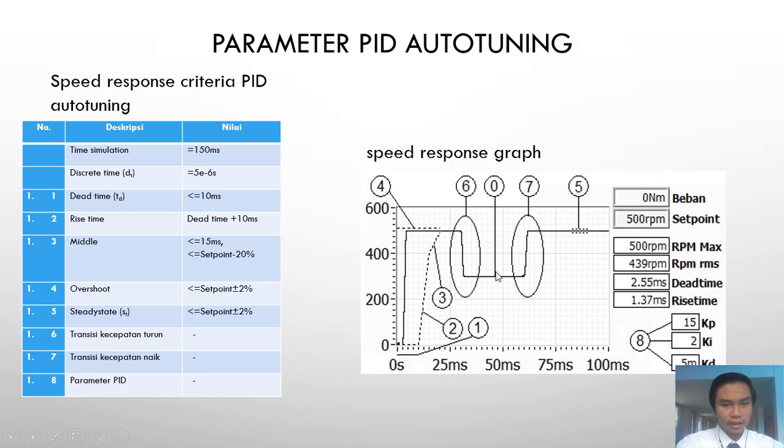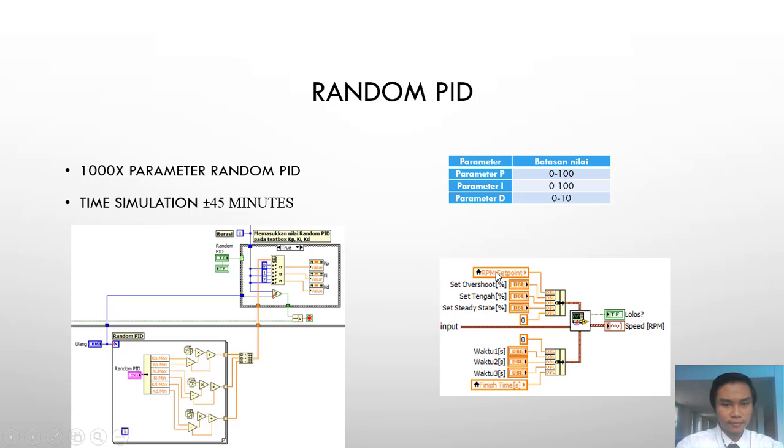Okay. The next slide is random PID. My random PID has 1008 random PID parameters. Simulation time is about 45 minutes.